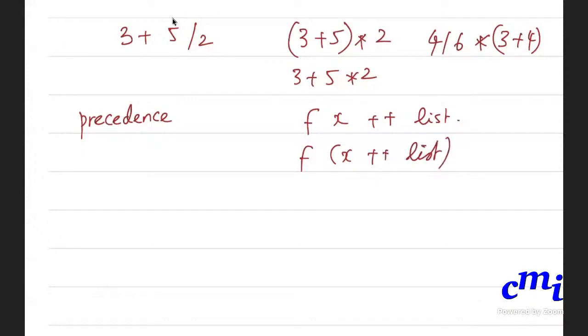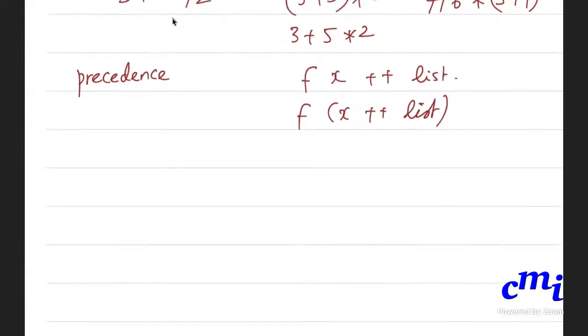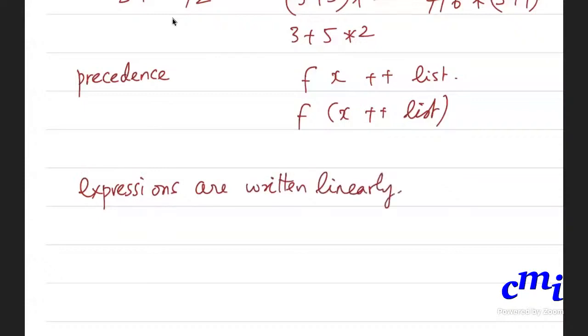So in order to enforce precedence, you have to use parentheses. And why does this happen? Because expressions are written linearly, means one dimensionally.